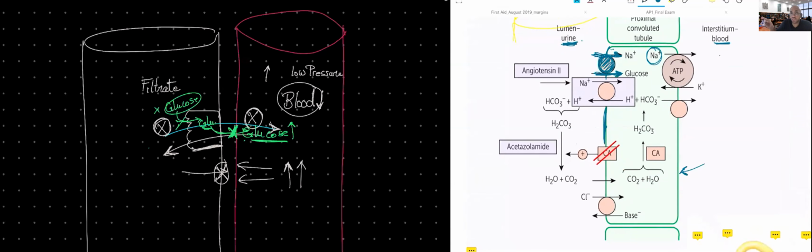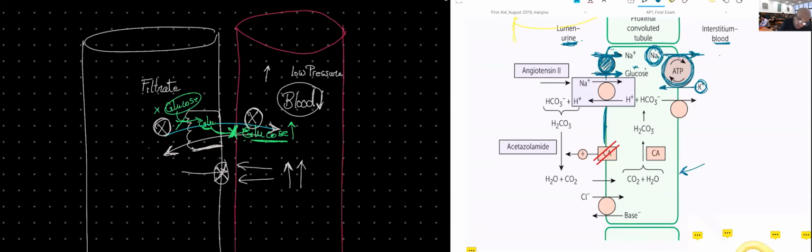And on the basal side of the cell, I will need another carrier to reduce the sodium concentration within the cell by releasing the sodium back to the blood and getting potassium instead.